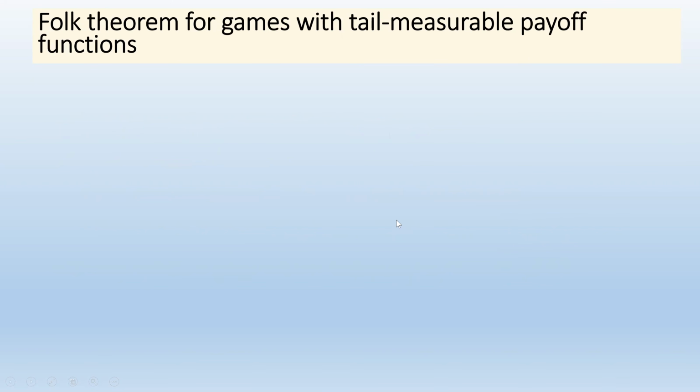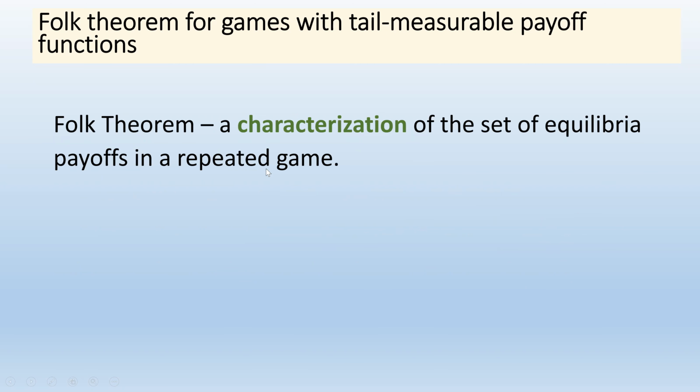Okay, so this is for existence of equilibrium and epsilon equilibrium. Now we move to characterization of the payoffs that we can obtain in equilibrium. The folk theorem in game theory refers to a theorem that characterizes the set of equilibrium payoffs, usually within a repeated game framework.